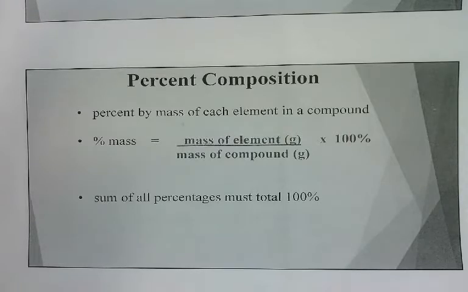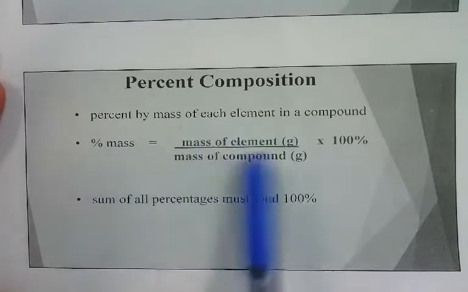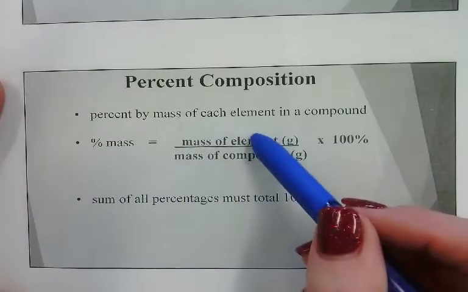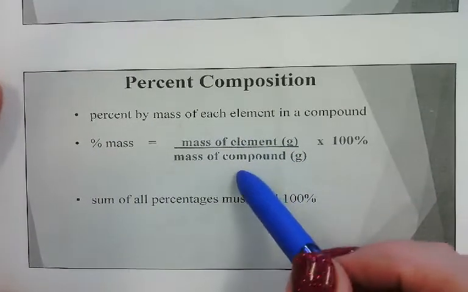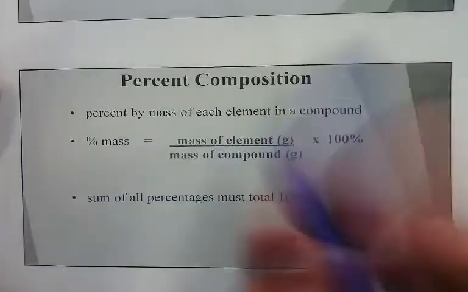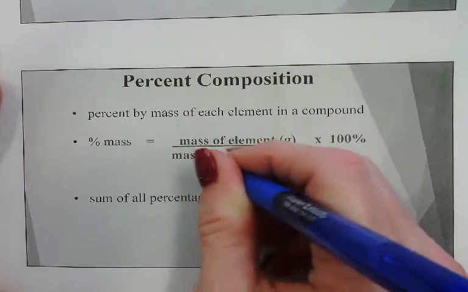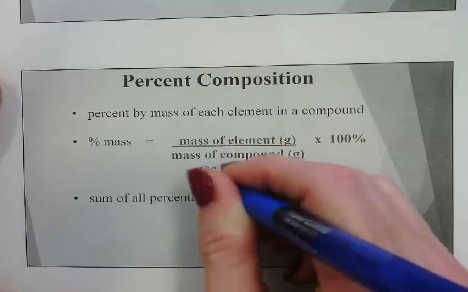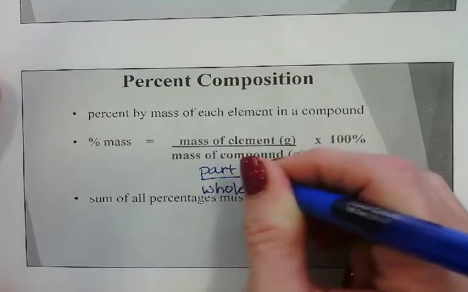So in sodium chloride, how much of sodium chloride is made up of sodium, how much is made up of chlorine? That's based on mass. So percent by mass, the formula is the mass of the element that's in the compound divided by the mass of the whole compound times 100. A lot of times I'll say it's the part divided by the whole times 100.